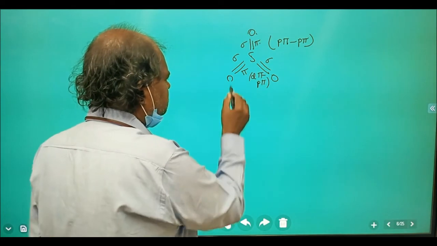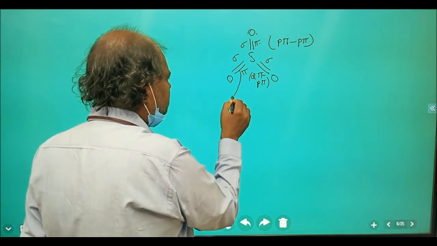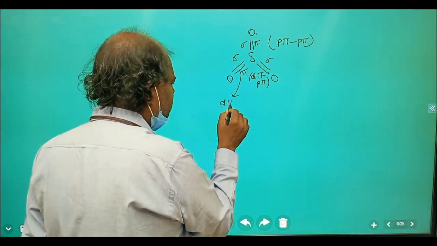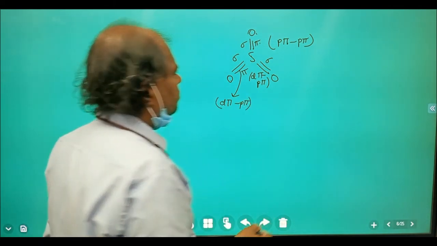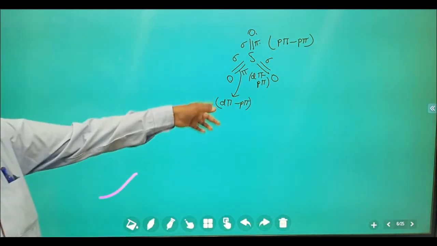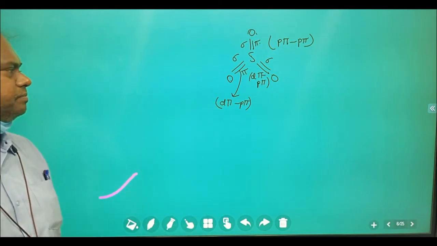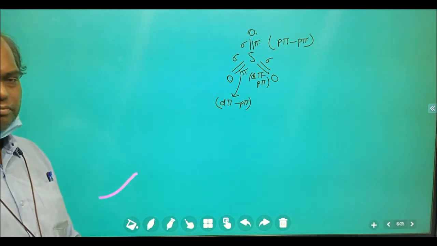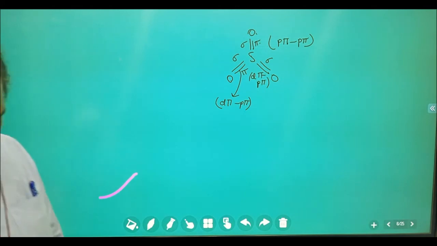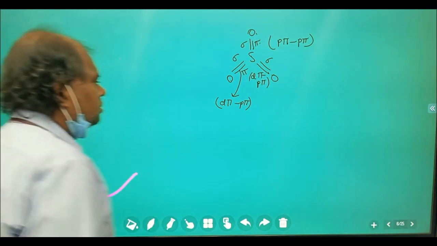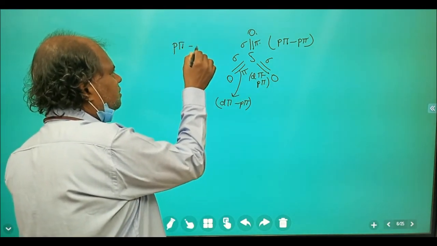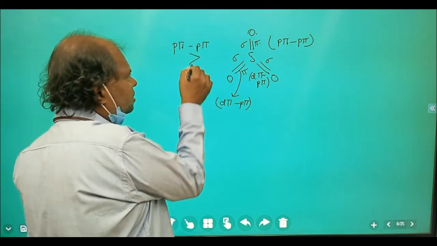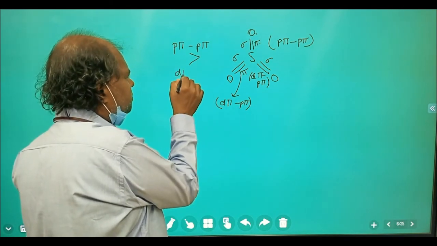Clear? Even these pi bonds, how will they be formed? By d pi p pi. So you get one p pi p pi and two d pi p pi, right? So students, you should know how to know whether it's p pi or d pi, and the order of strength is that p pi bond is stronger compared to d pi p pi.